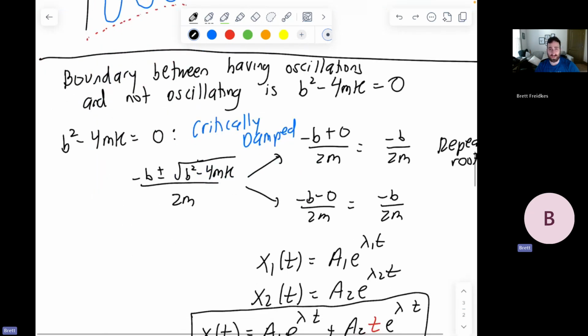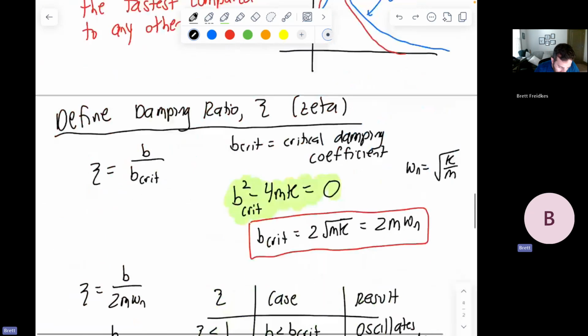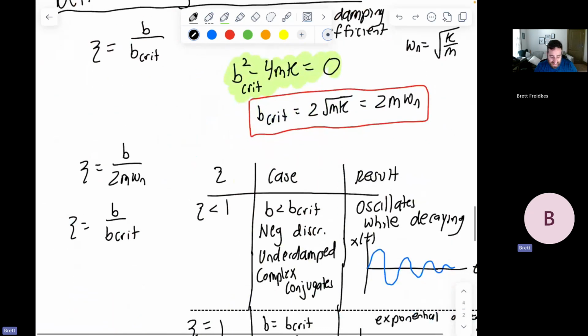And then the third case, which was the reference point for us, is the critically damped case, where the discriminant is equal to 0. It's kind of the portal between the positive and the negative discriminants. It's a very special case, which is why it is used as a reference when we define the damping ratio zeta.